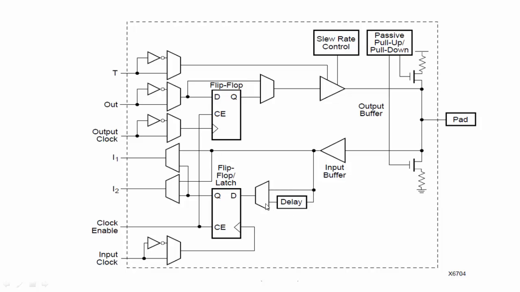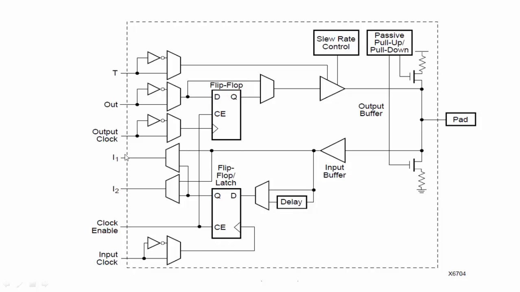The provision is provided here: the input is now available, but this input is delayed by some nanoseconds or any seconds depending upon your requirement, and after delaying it you can store it, and whenever you need you can make it available in the input. So this provision is provided in the FPGA, right? That's why the delay function is used.